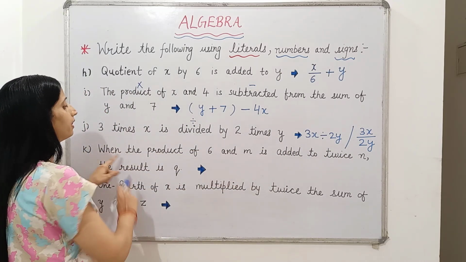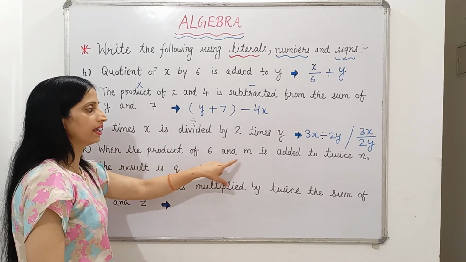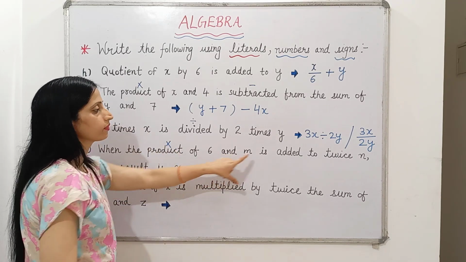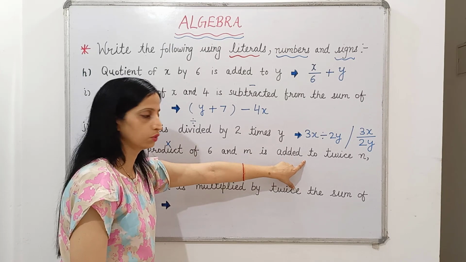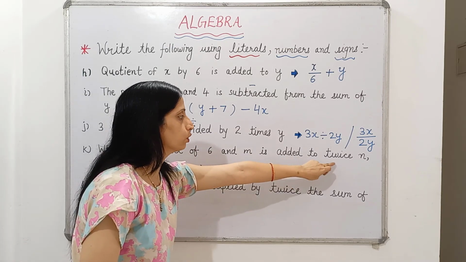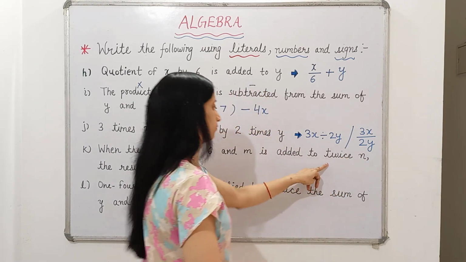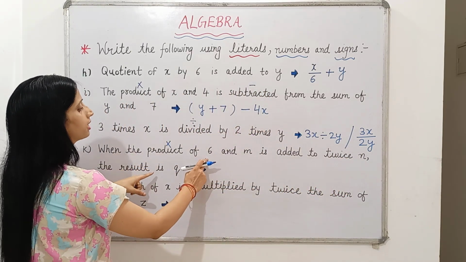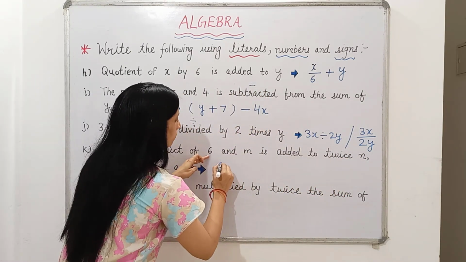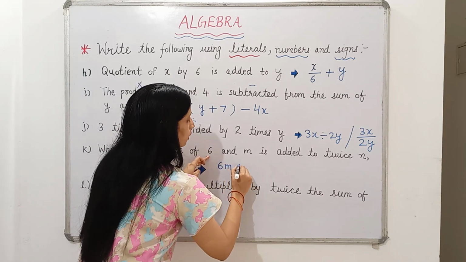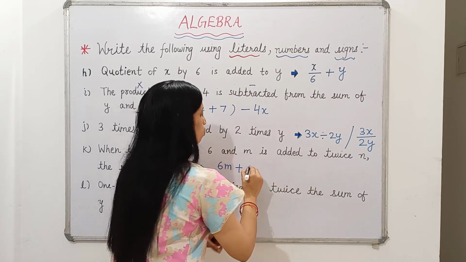Next is when the product of 6 and m, the product will be 6m, is added to, what do we have to add? To twice n, meaning 2n. So first write the product of 6 and m, 6m, add twice n, meaning 2n.